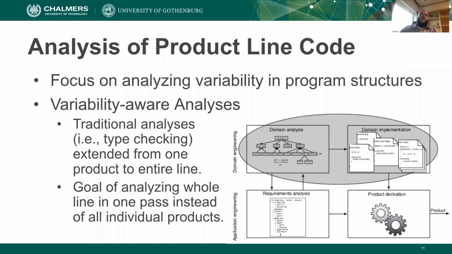A variability-aware analysis should give the same result as applying existing analysis on every single product, but should be much faster by only really looking at how variability is encoded in the system. For example, if we have a bunch of products that share code, then an analysis of variability over them might only have to analyze that code once and not over and over again for every feature selection it's included in.